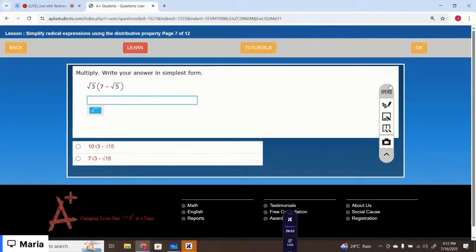That is 7 square root 3 minus square root 15. Option number 2 is the correct option.